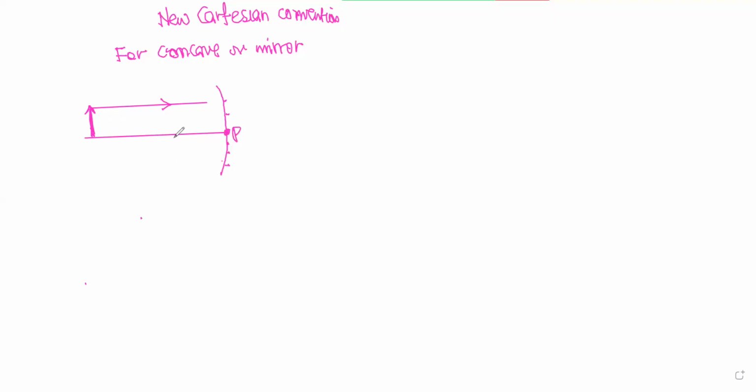So if we are assuming this is F and C is here, then this distance, which we call the focal length, small letter f, will be measured from the pole to F. So this will be the direction of measurement for f.